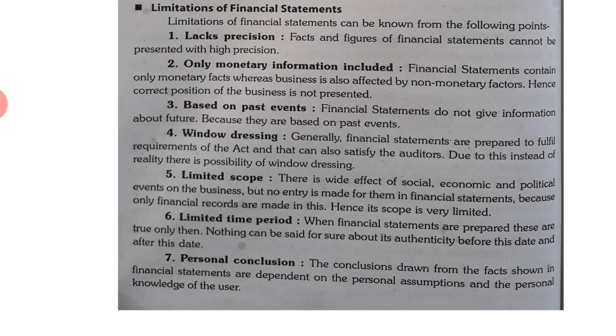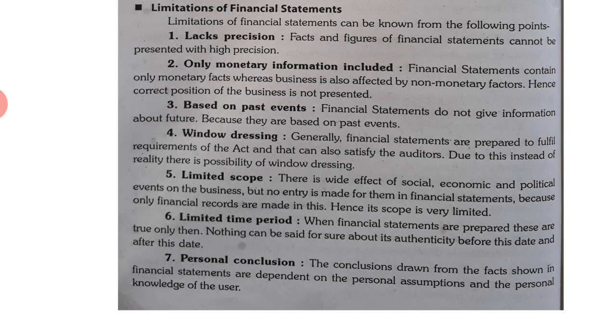Based on past events. Why past events? Because about the future we can make only estimations. So whatever has happened during business activities of all types, operating, financing and investing, about which it gives only the necessary information except the future ones.